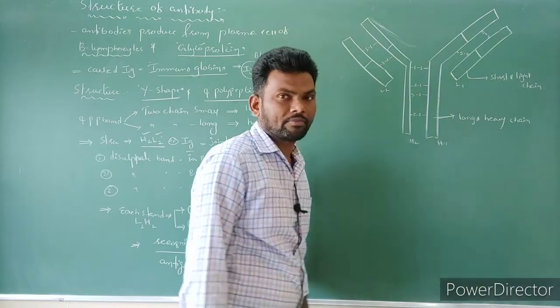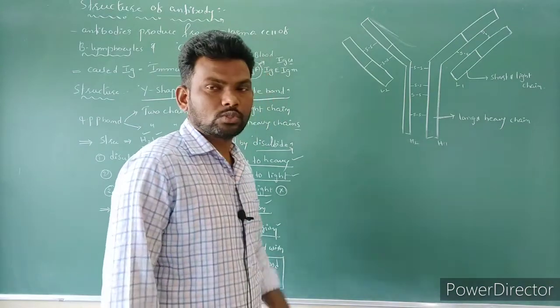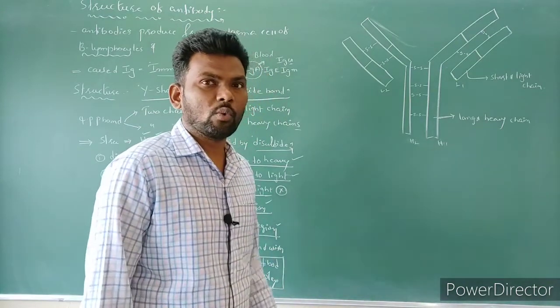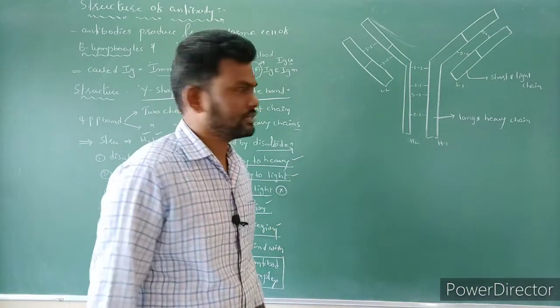Okay, next, each and every chain should consist of two regions. One is the constant region, second one is the variable region.